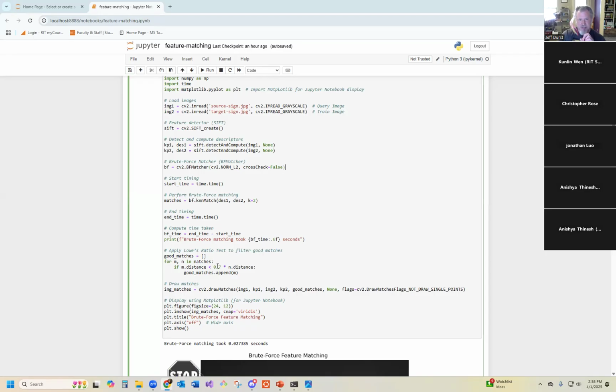And then you can see for our good matches, again, real dumb. We're just saying if the key point from image 2 is 70% close to our target, then I'm going to say it's a good match. So this is, like I said, really dumb, but it works.